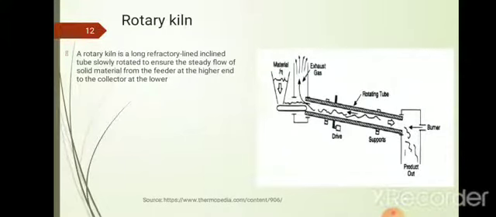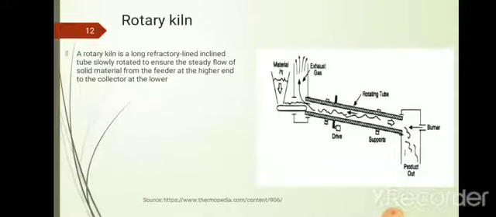You can see on the left side we are feeding the biomass, so it goes to the rotary kiln. It is a horizontal tube with inclination, and that tube is slowly rotated with the help of motor drives, very slowly, around 1 rpm, and as it goes to the right, the material will smoothly pass to the right, and it will be converted into ash.